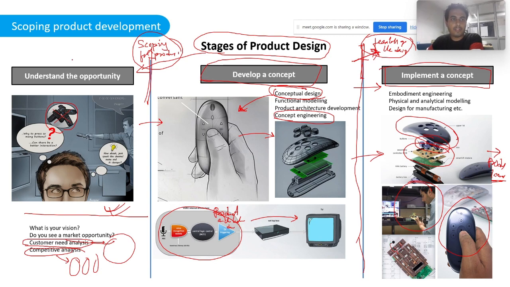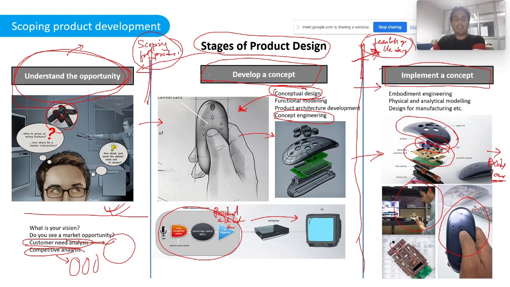Okay, so basically the initial phase, which is the problem identification phase or the opportunity analysis phase, is the most crucial part in any product design process, because the entire project or future of your product depends on this initial opportunity analysis phase.